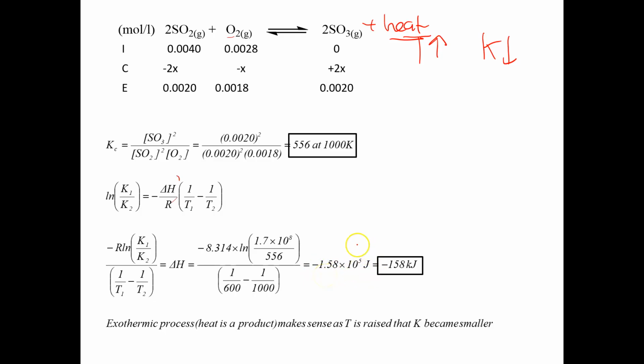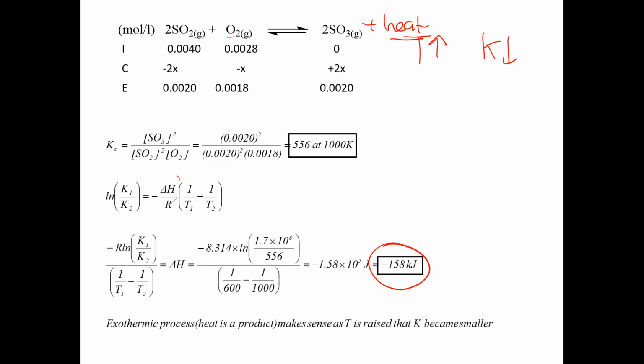This is going to be in joules because of the units for R. Converting to kilojoules by dividing by 1000, it tells me that it's got an enthalpy of negative 158. And that makes sense because we know that this reaction must be exothermic.